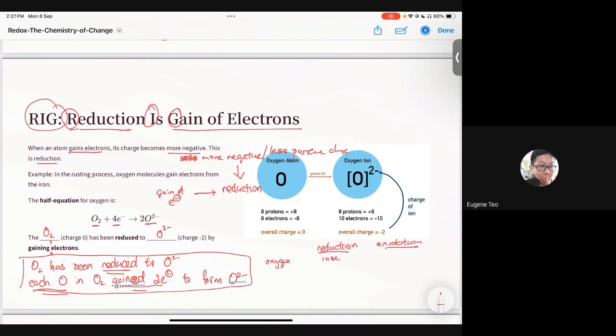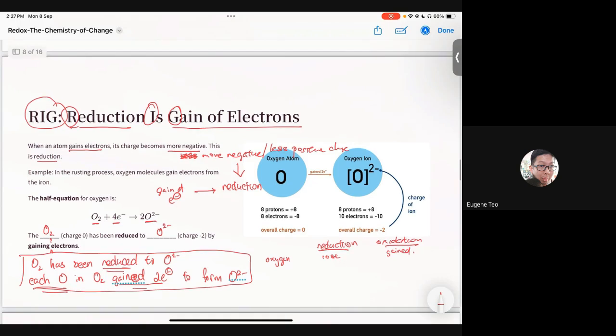If something is oxidized, it must have gained oxygen. The second one we went through was in terms of hydrogen. For something to be reduced, it must have gained hydrogen. For it to be oxidized, it must have lost hydrogen. The third one is in terms of electrons.